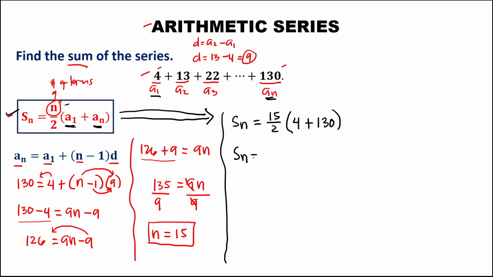Then this becomes the sum of the numbers, 15 divided by 2, times this 4 plus 130, this is 134.